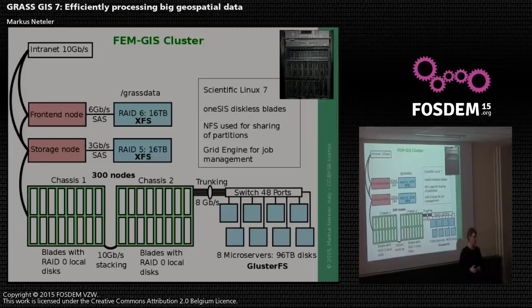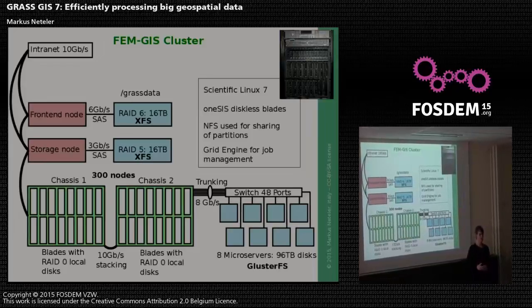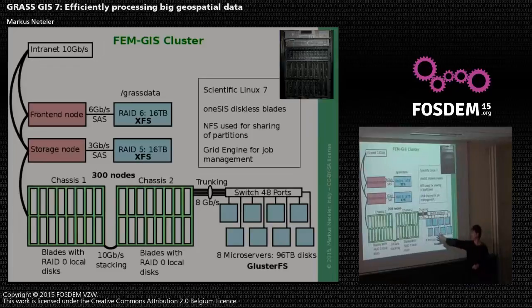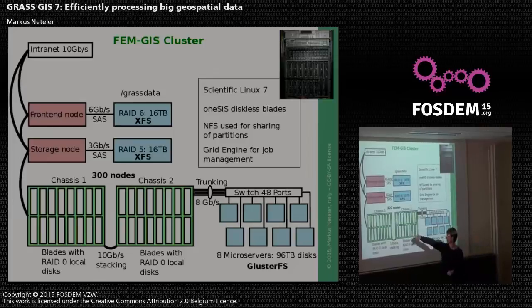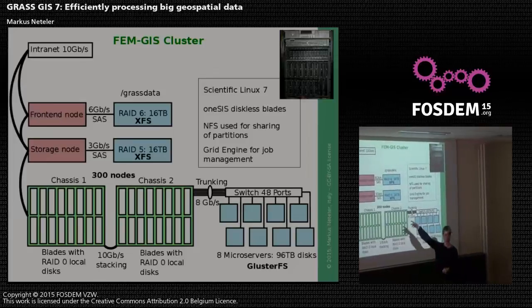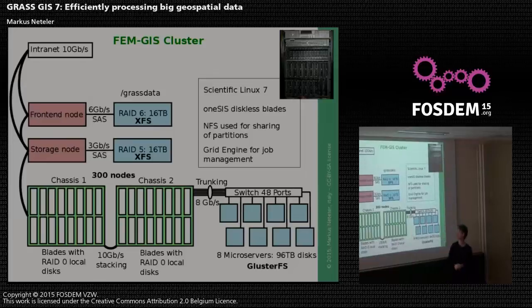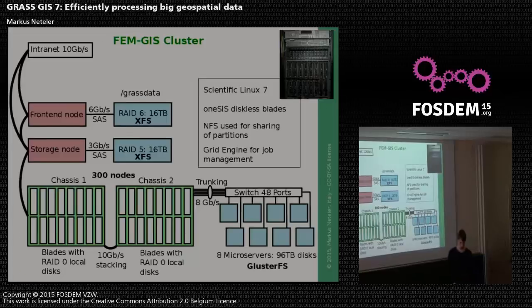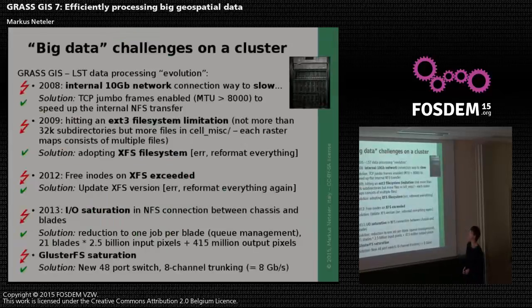Each of them contains 4 disks of 3 terabytes, so this part here is already something like 96 terabyte for the raw data storage, and then we have all the chassis here connected to the front-end node, and using a job manager we are doing the computation here. And then we have 2 high-speed devices as well for the GRASS data management and so on. So if you are interested, we can discuss.